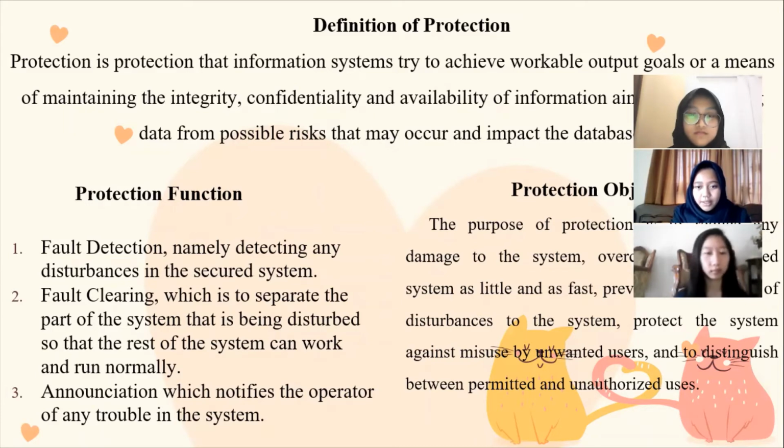Fault detection, namely detecting any disturbance in the secure system. 2. Fault clearing, which is to separate the part of the system that is being disturbed so that the rest of the system can work and run normally. 3. Annunciation, which notifies the operator of any trouble in the system.